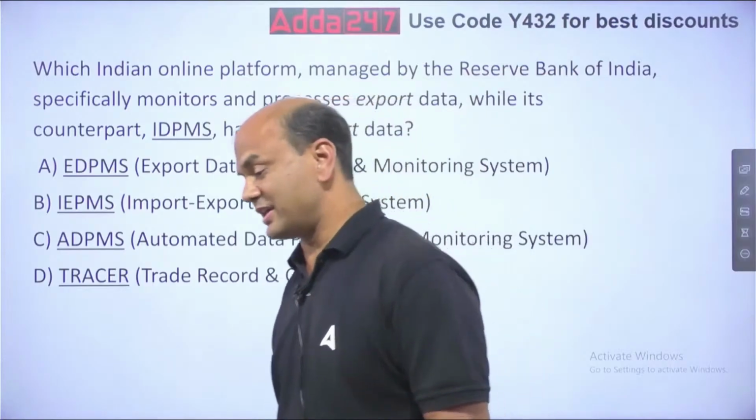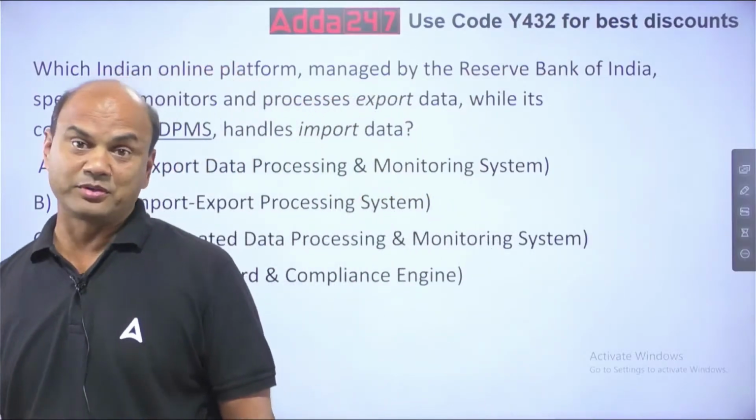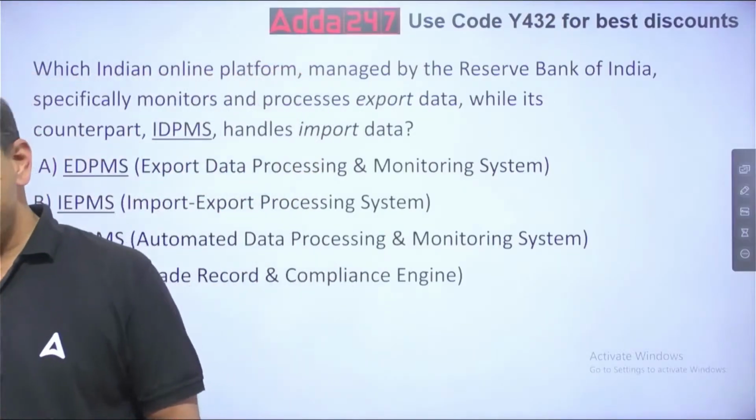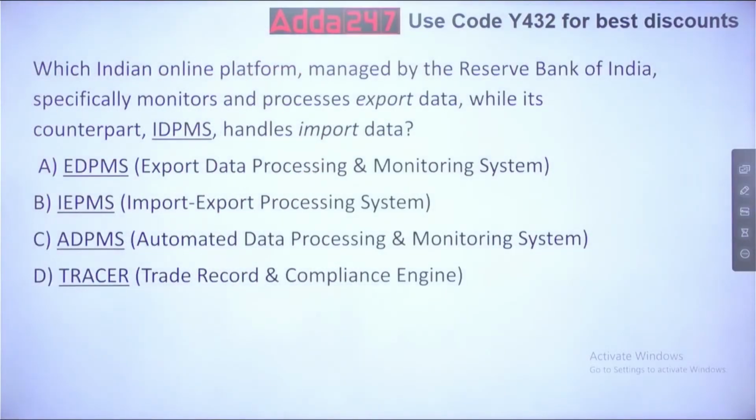Now think, anything can be the answer. You have to think about the answer. Is it EDPMS? Is it IEPMS? ADPMS? Or Tracer? Have you heard these words? You might have heard these words.